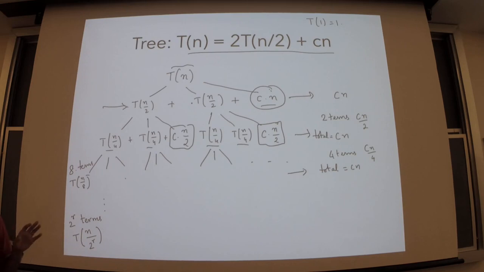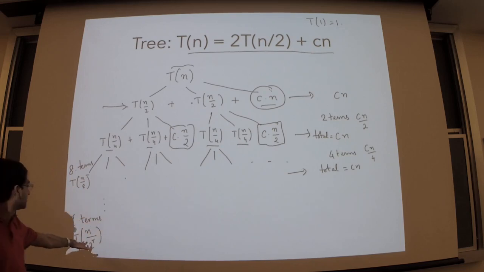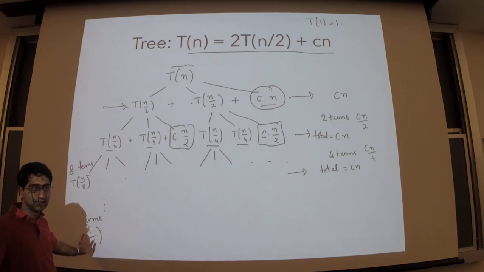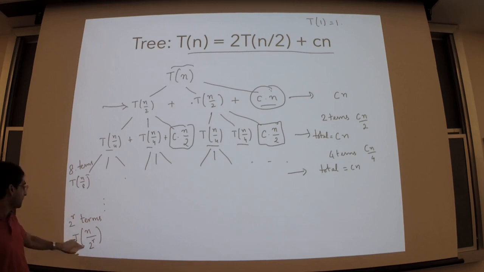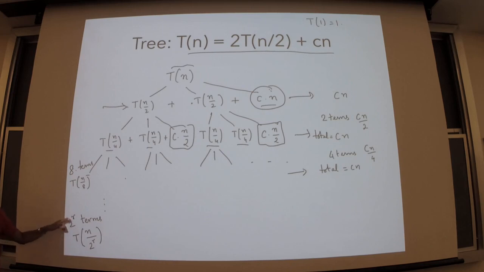You have to do this until you get to the base case. The base case is the only case where we actually know the value of T. So you need n by 2 to the r to be 1, which means r should be log n.